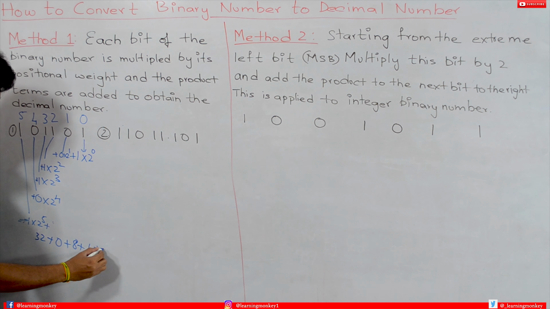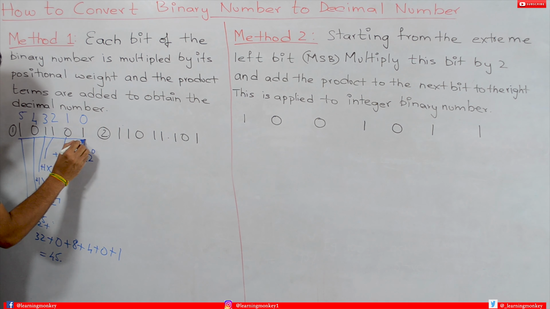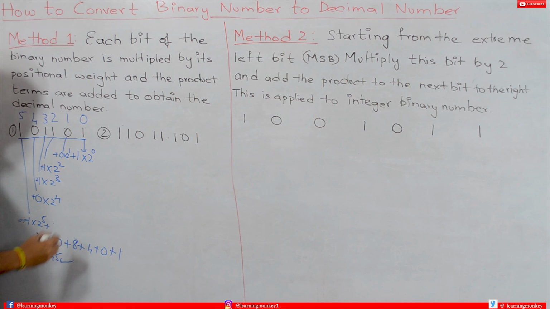And 0 into 2 power 1 is 0. And 1 into 2 power 0 is 1. So the sum of all these values is 32 plus 8, 40, plus 4, 44, plus 1 is equal to 45. So the decimal value of this binary number is 45.